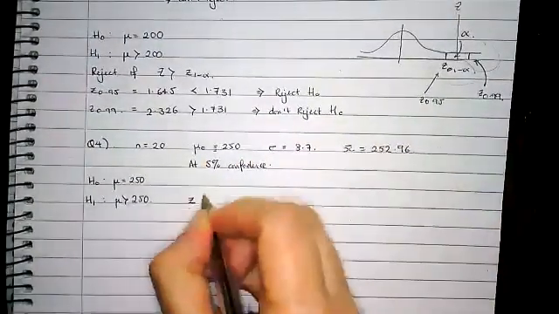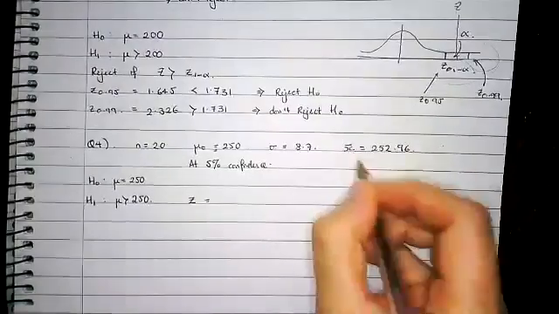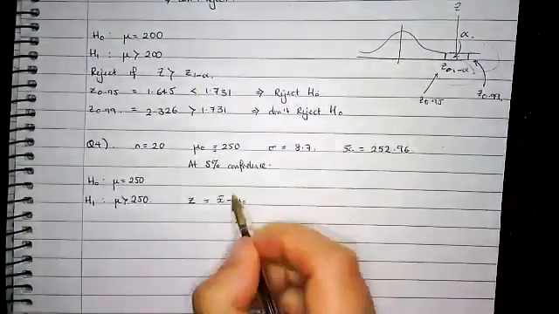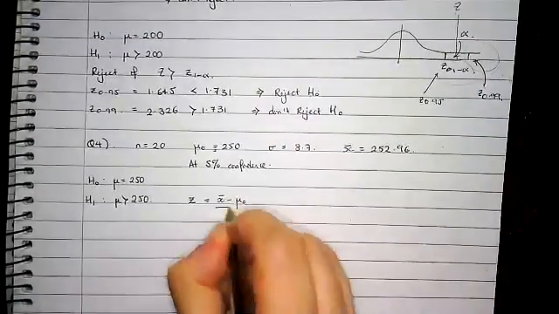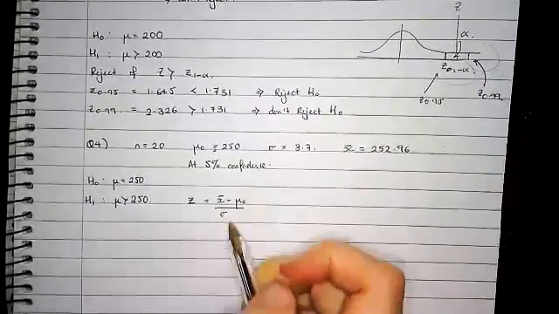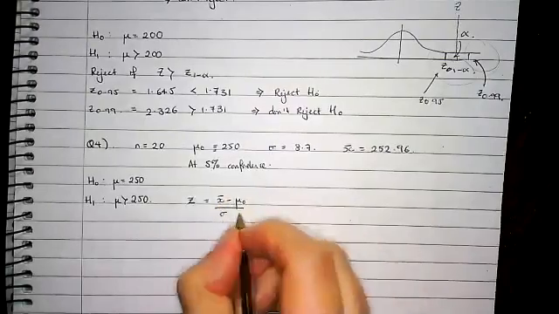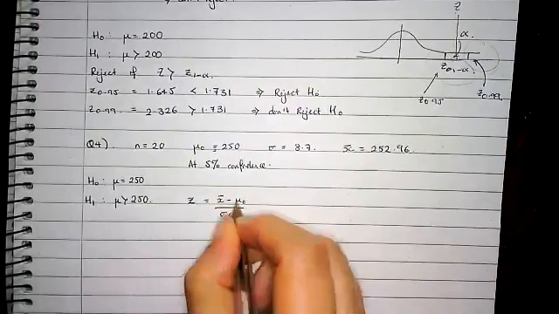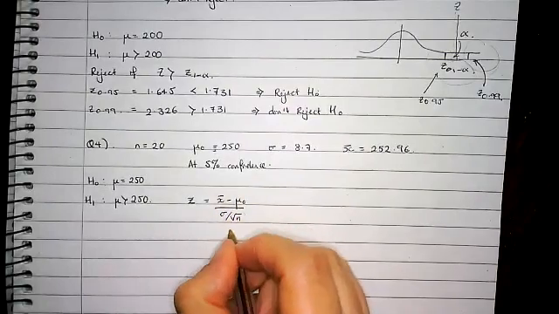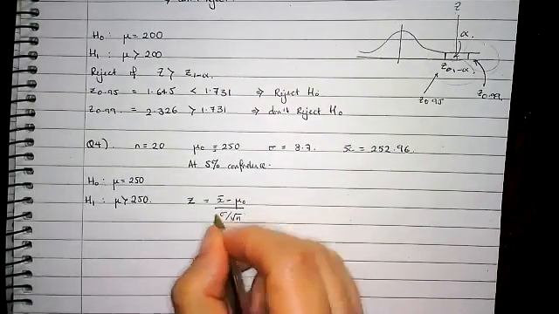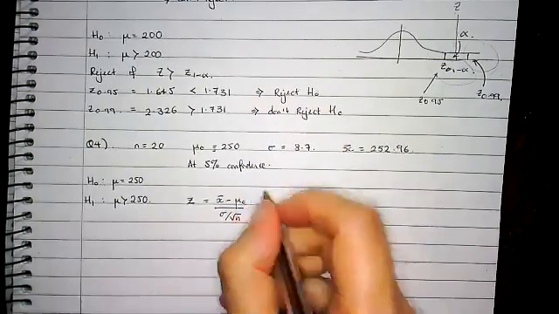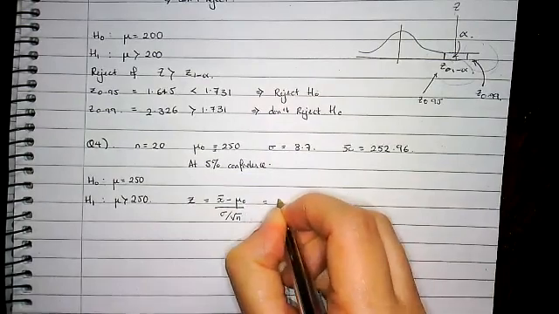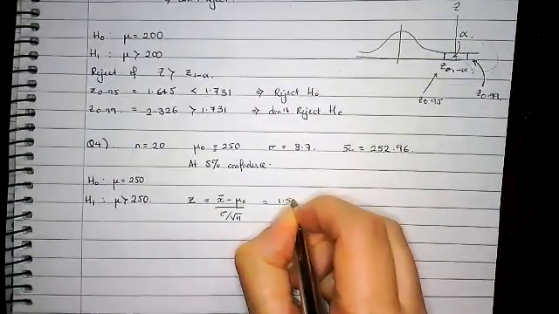We're going to use Z is sample mean minus the hypothesized mean, mu0, divided by sigma, the actual standard deviation of the population, divided by square root of n, so that this altogether is the expected sample standard deviation. So this value in this case is 1.521.